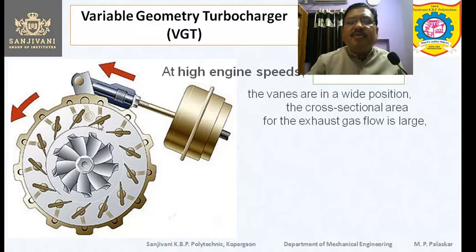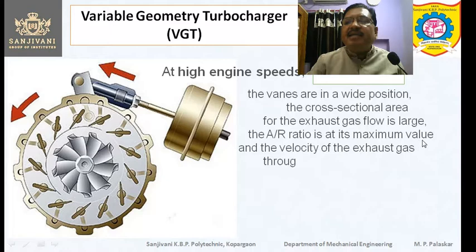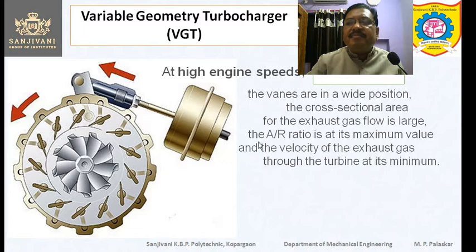That means they are more open, so the area is increased. The cross-sectional area for the exhaust gas flow is large now, because the vanes are open at higher speeds. So the AR ratio is at its maximum value, and the velocity of the exhaust gas through the turbine is at minimum. Velocity is minimum at higher speeds.